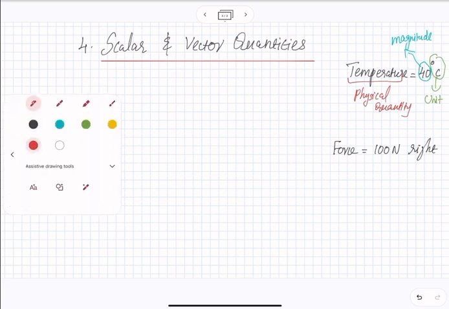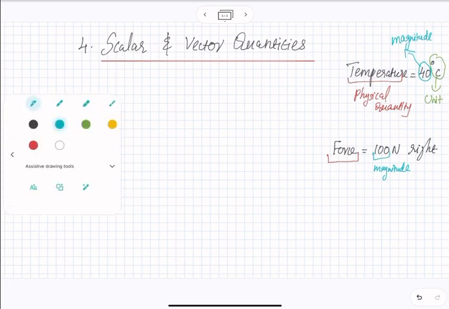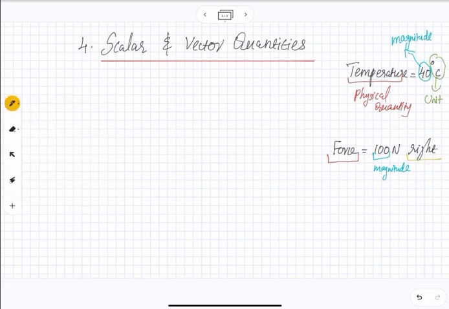Here again we can see this part is physical quantity and 100 Newton, where 100 is magnitude. Then it mentioned the direction also. We have to mention the direction, that towards right or left.